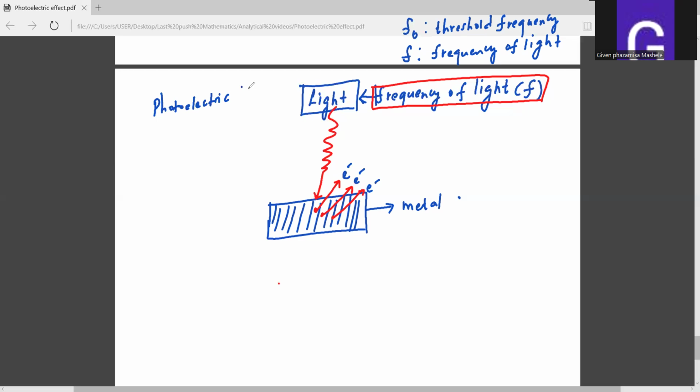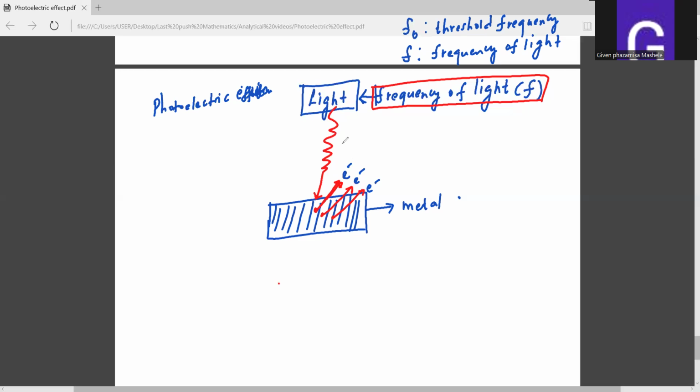So what does this mean? It means that when light of a suitable frequency shines onto the metal, the metal starts to eject electrons. This process is called the photoelectric effect.